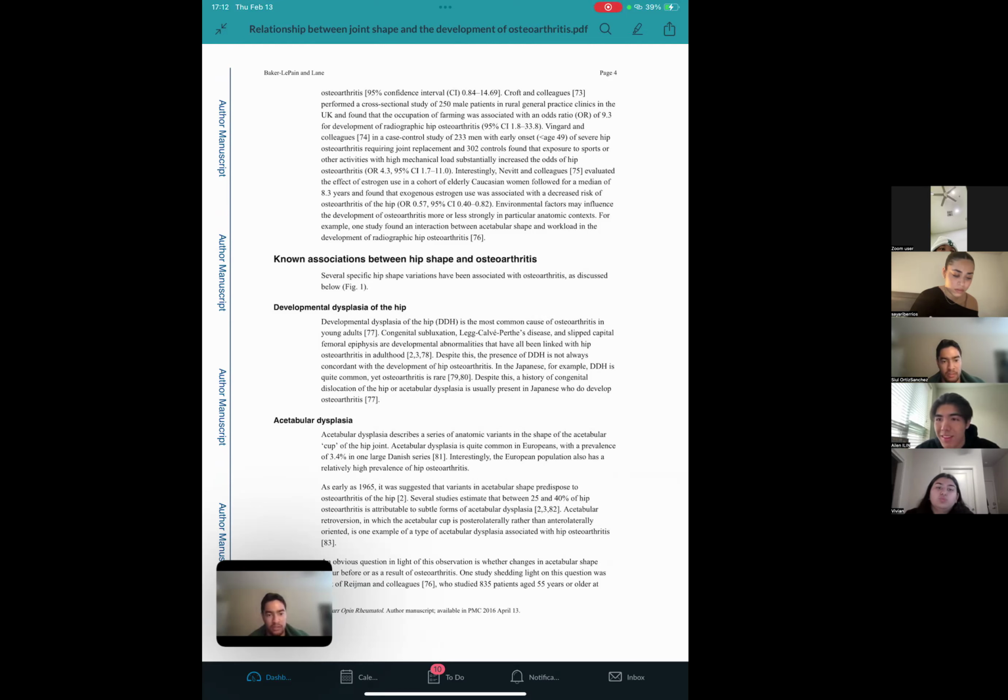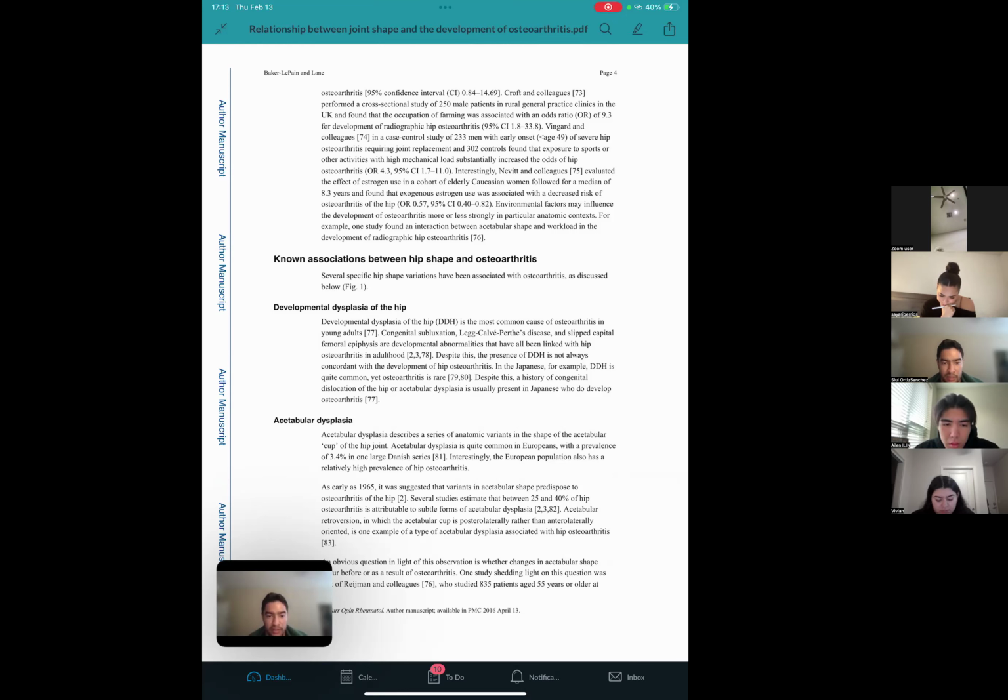Known associations between hip shape and osteoarthritis. Several specific hip shape variations have been associated with osteoarthritis, as discussed below. Developmental dysplasia of the hip. Developmental dysplasia of the hip is the most common cause of osteoarthritis in young adults. Congenital subluxation, Legg-Calvé-Perthes disease and slipped capital femoral epiphysis are developmental abnormalities that have all been linked with hip osteoarthritis in adulthood.